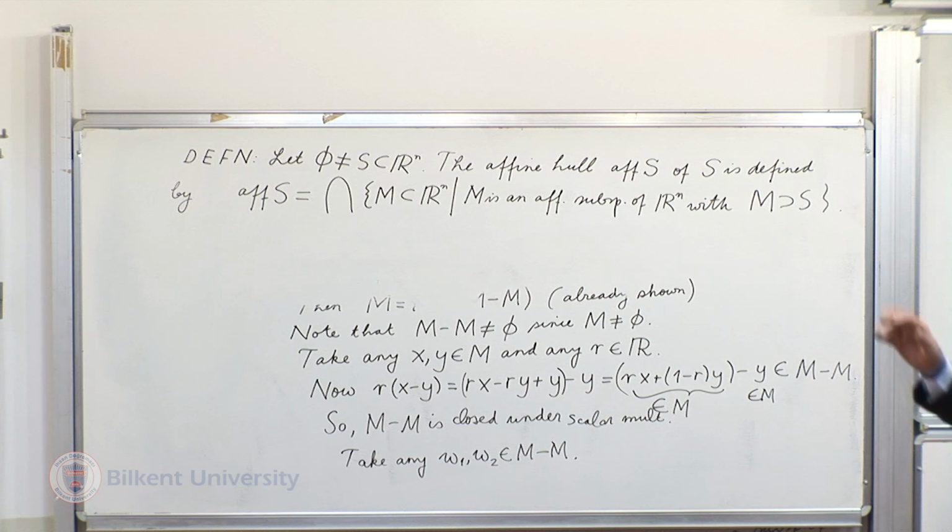So this is not only well defined, but it is also an affine subspace of Rn, just by the proposition which preceded this. You have a whole bunch of affine subspaces in Rn, their intersection is non-empty, but then the intersection is an affine subspace.